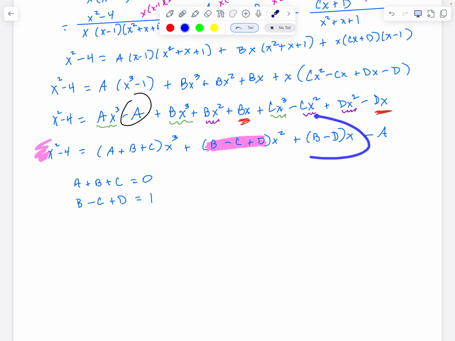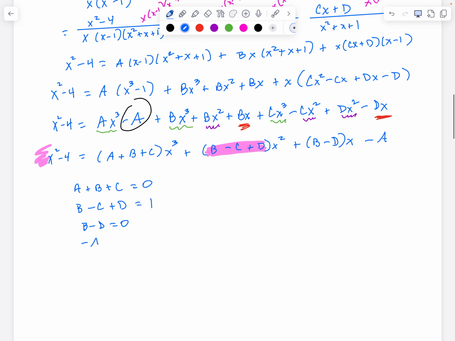And then if you add, you get b as a negative 1. And since that b and d are equal, d is a negative 1. So you know a, b, and d, and you just need to find the value of c.